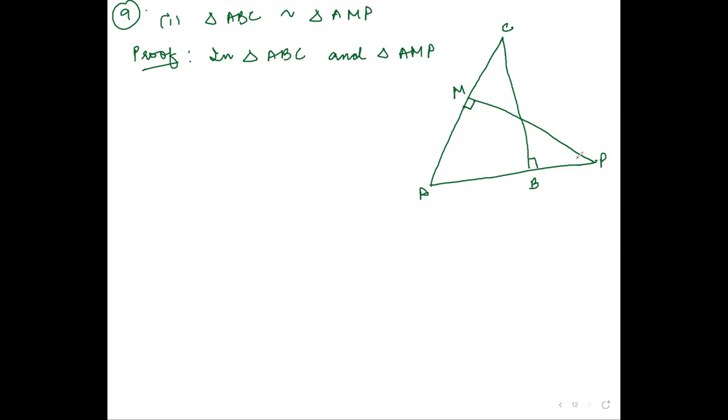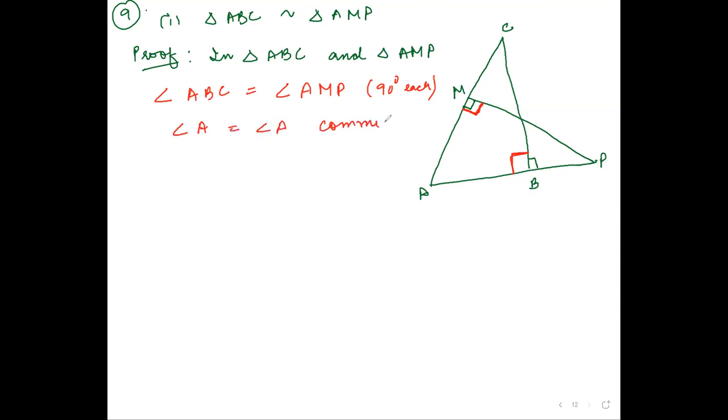Angle ABC and angle AMP, both are 90 degrees. So I can write angle ABC is equal to angle AMP, 90 degrees. And angle A is common.